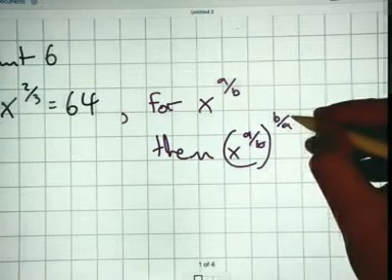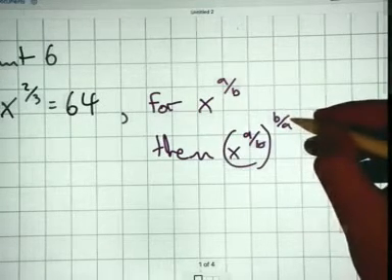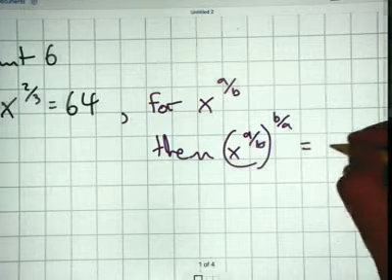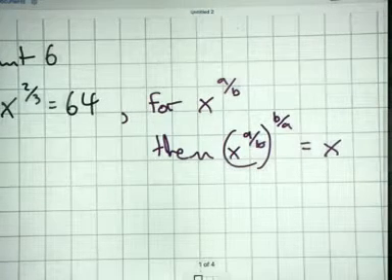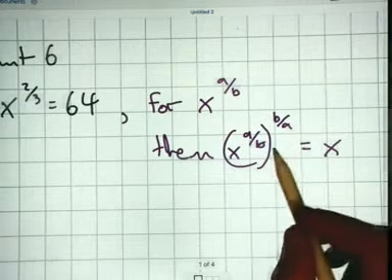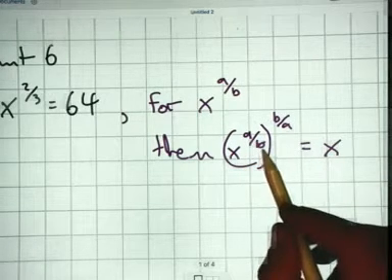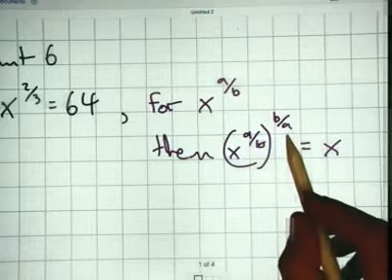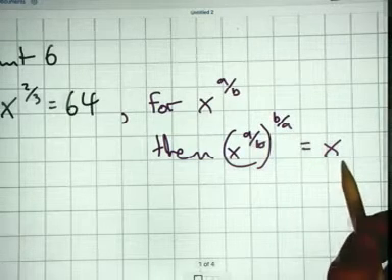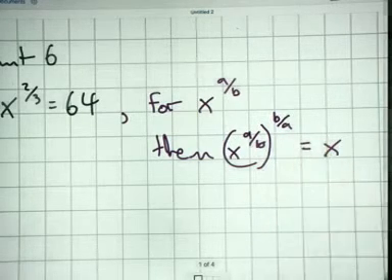So this is a flip or a reciprocal exponent. It's just going to be x. If x is raised to a power, then by raising it to its reciprocal power, the exponents essentially cancel out.